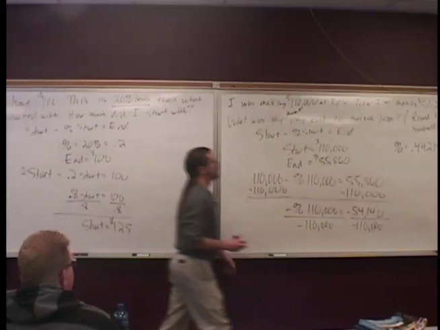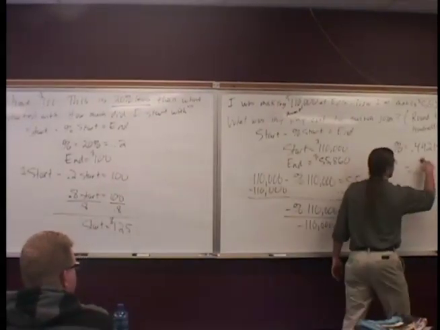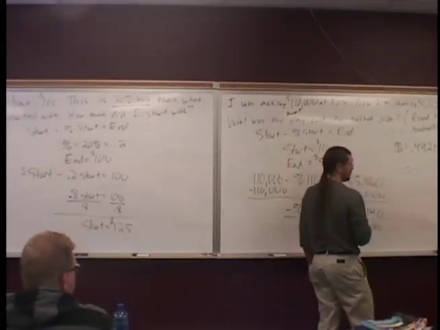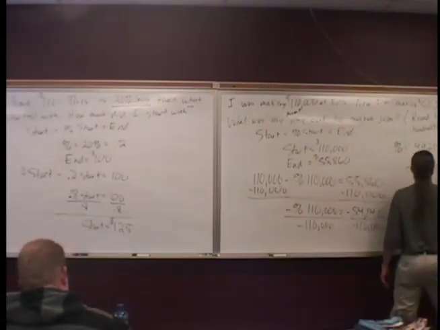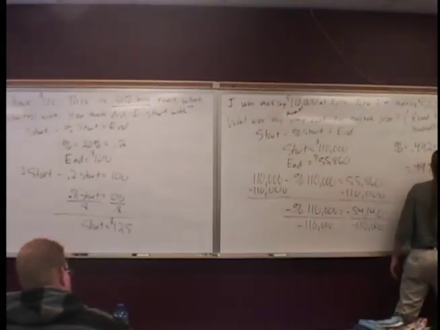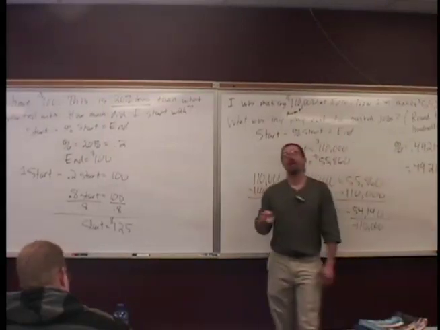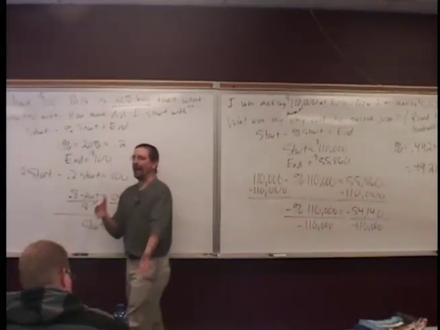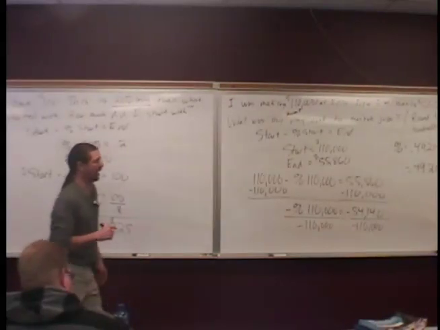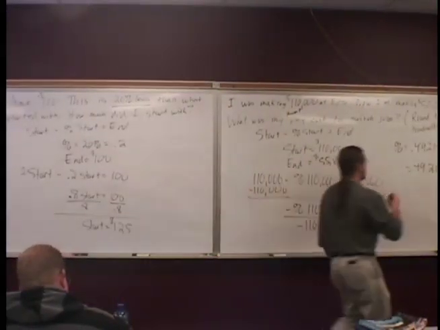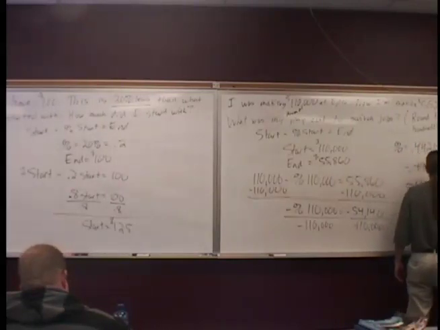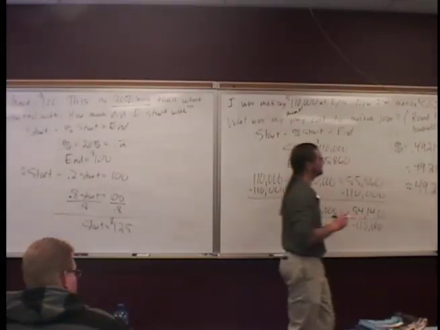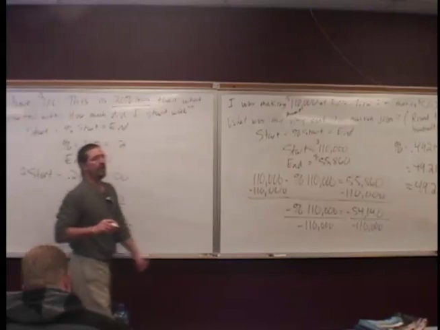Okay? So how do I convert this number into a percentage? Now round the number. Okay? So here you would say, oh, this is approximately 49.22% rounded to the nearest hundredth of a percent.